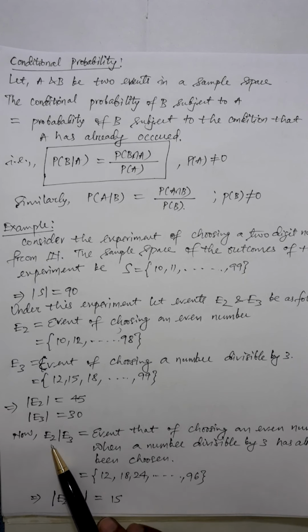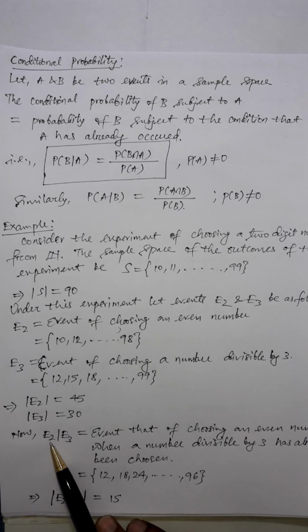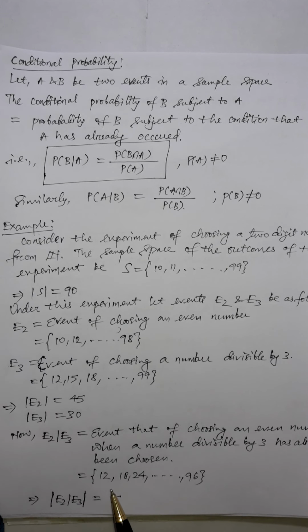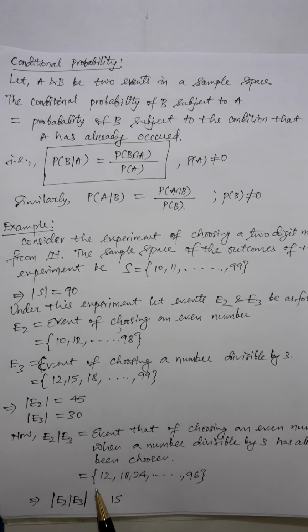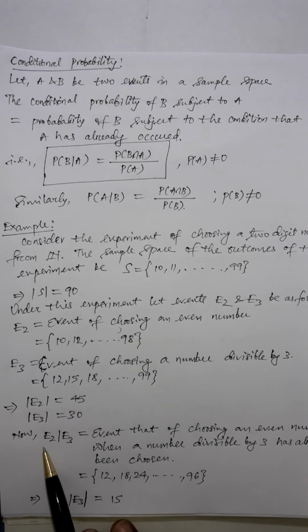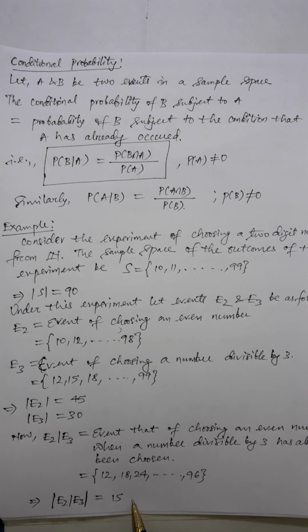That means we have to find the intersection part of E2 and E3, that is, the numbers which are divisible by 3 and simultaneously also even. Those numbers are clearly 12, 18 up to 96. Now the size of this conditional event E2 upon E3 will be 15.